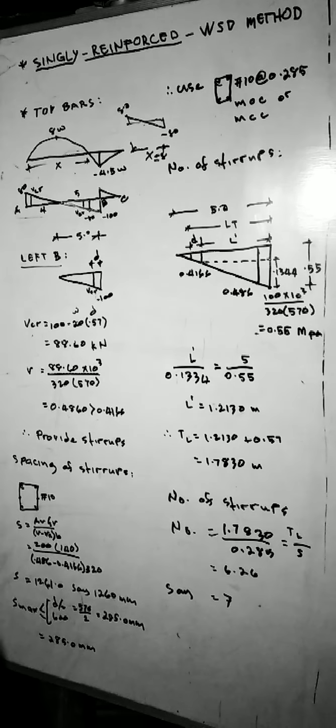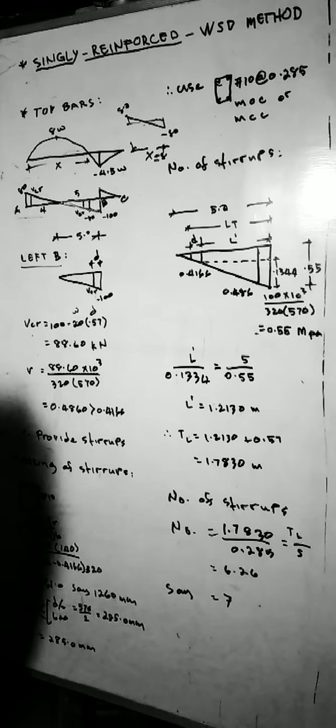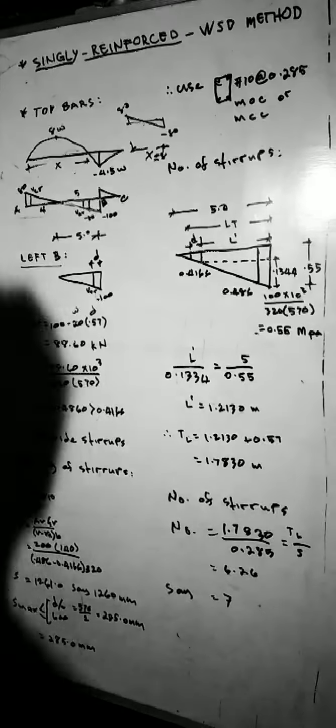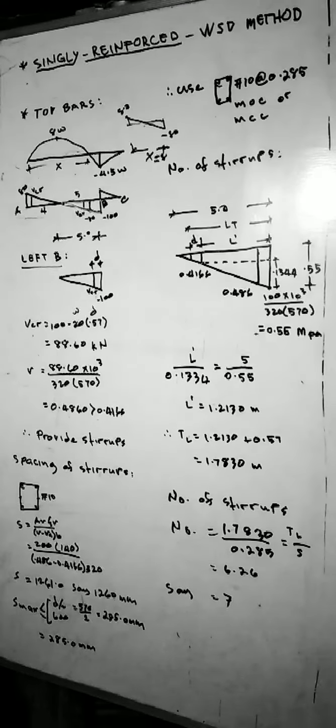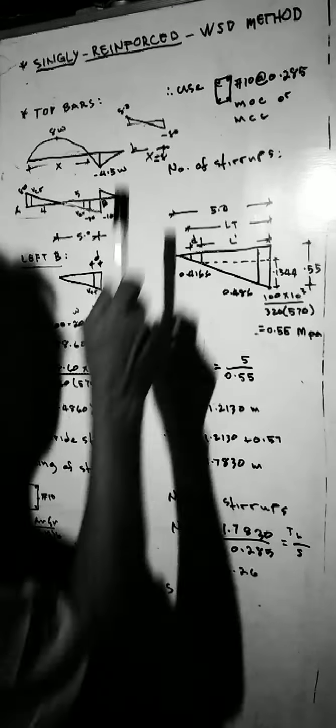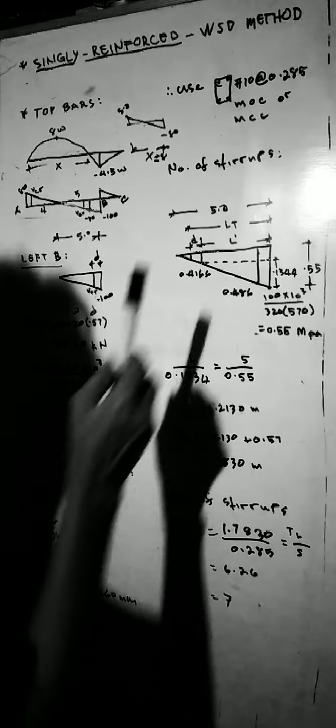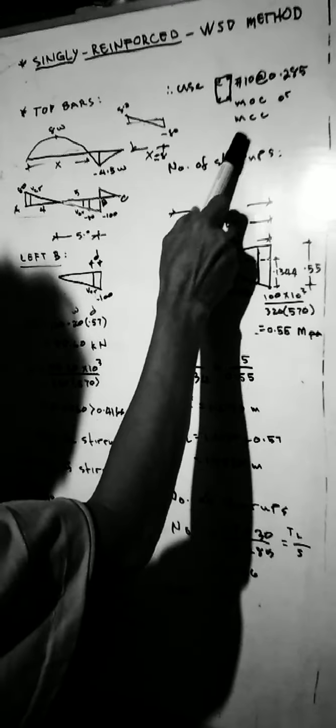That is the spacing of the stirrup. Therefore, we use stirrup number 10 at 0.285 meter center to center. So that is now our stirrup.